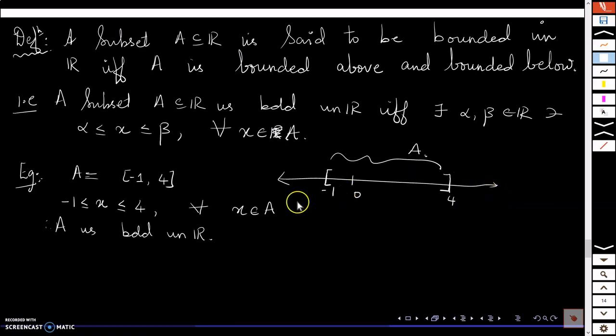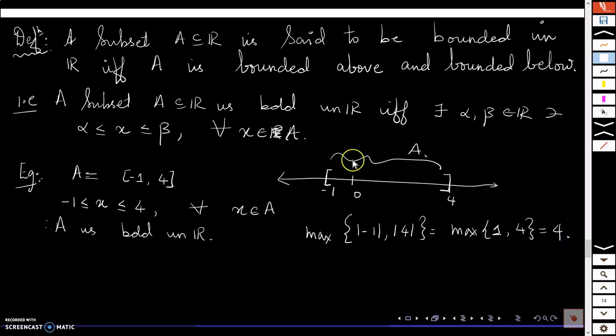So I will take the absolute value of the lower bound and the upper bound here. I'll look at the modulus of -1 and the modulus of 4, and I will look at the maximum of these two. Mod -1 is nothing but 1, and mod 4 is 4, and the maximum is 4.